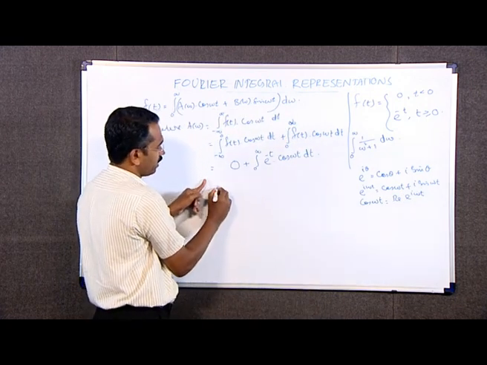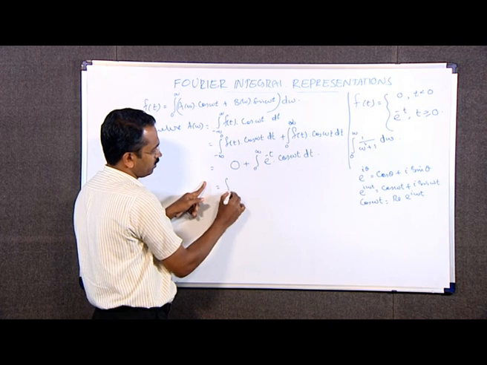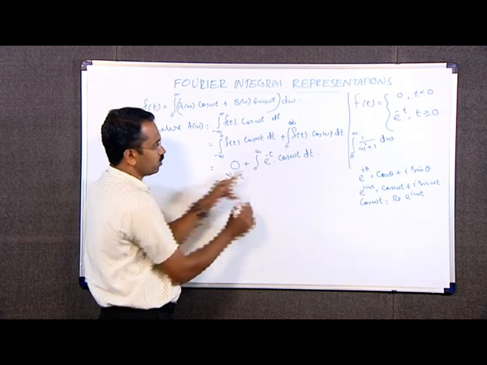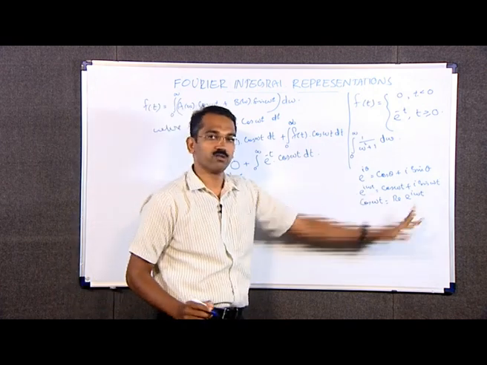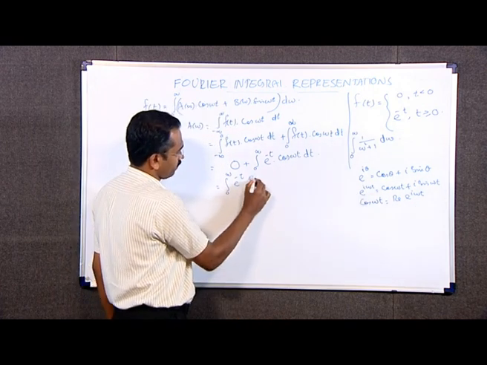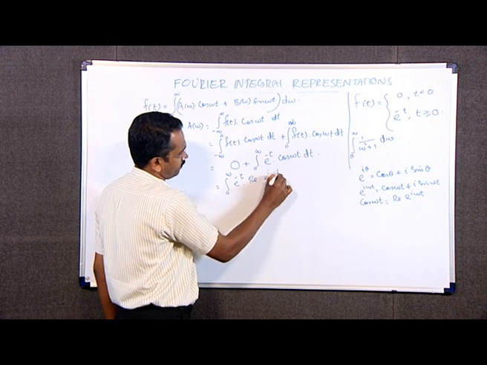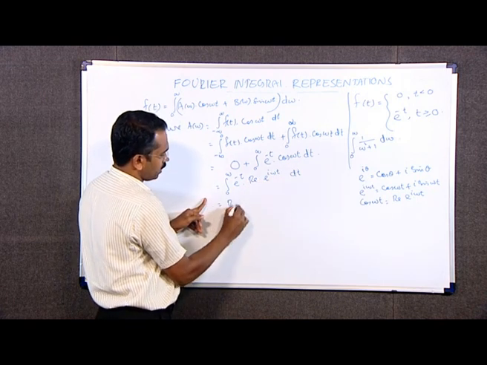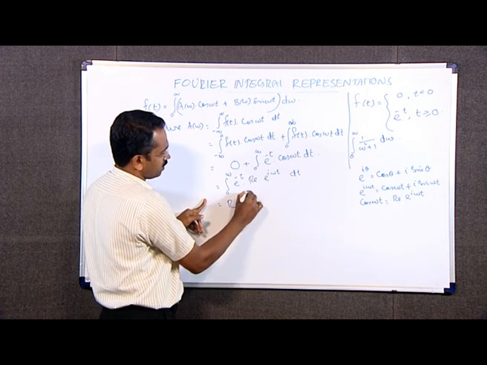Therefore, from here we can write this equal to integral from 0 to infinity e raised to minus t into cos omega t, which is the real part of e raised to i omega t, dt. That is the real part of integral from 0 to infinity.